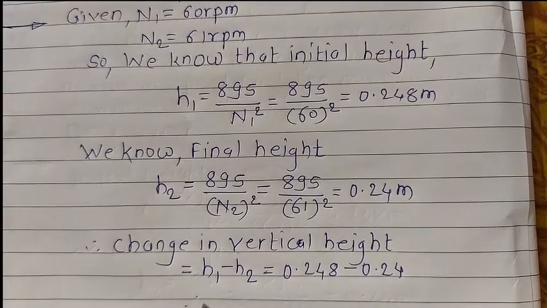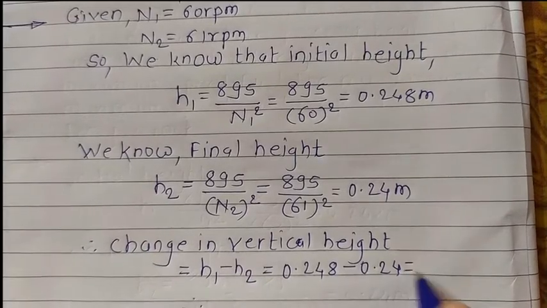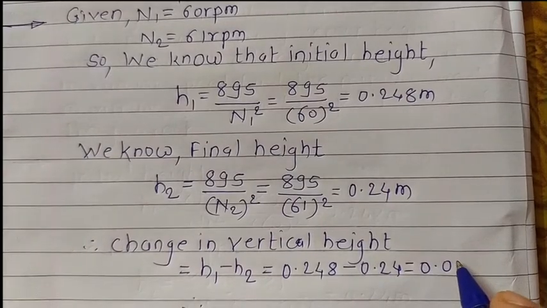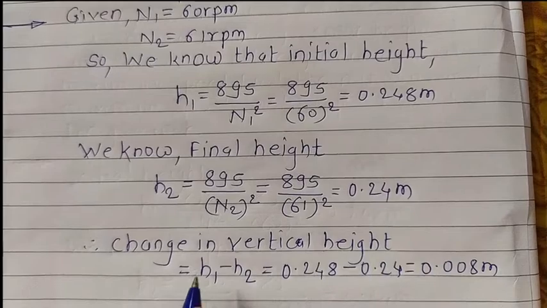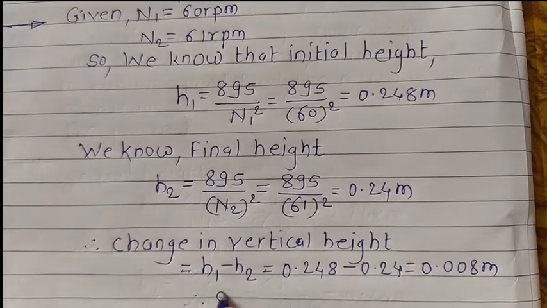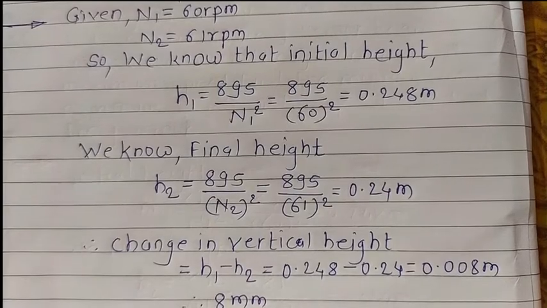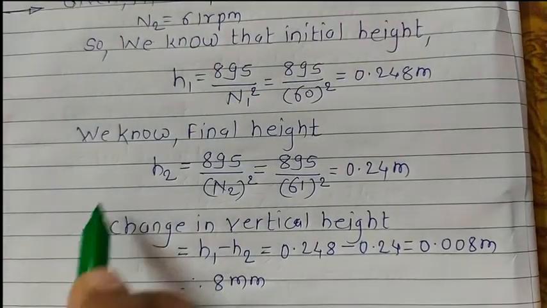So in this way we can get the relation for the change in the vertical height. So this calculation gives us 0.08 meter. So we convert it into mm. We can get the change in vertical height equals 8 mm like this.